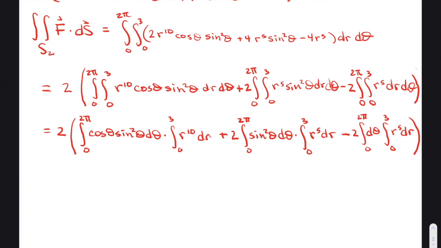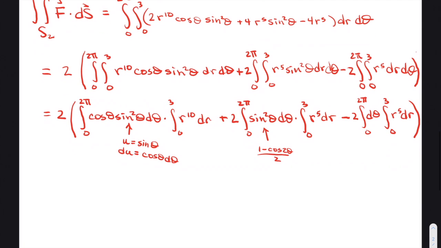On this one, u would be sine theta, and du is straightforward, cos theta d theta. On this next one, that's straightforward: sine squared theta is 1 minus cos 2 theta over 2, which will cancel that other 2.